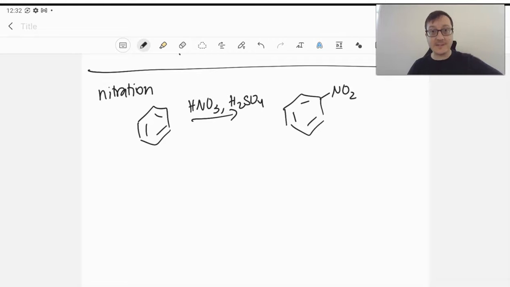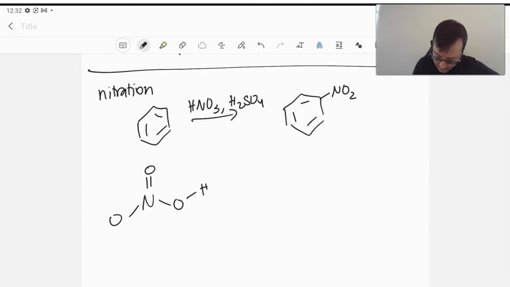So first step, let's talk about the electrophile. In order for this to happen, we need NO2 plus as our electrophile. And we're going to see how we're generating that. So if we take a look at nitric acid, because this is acidic conditions, nitric acid is not as strong as sulfuric acid, so nitric acid is the weaker acid.